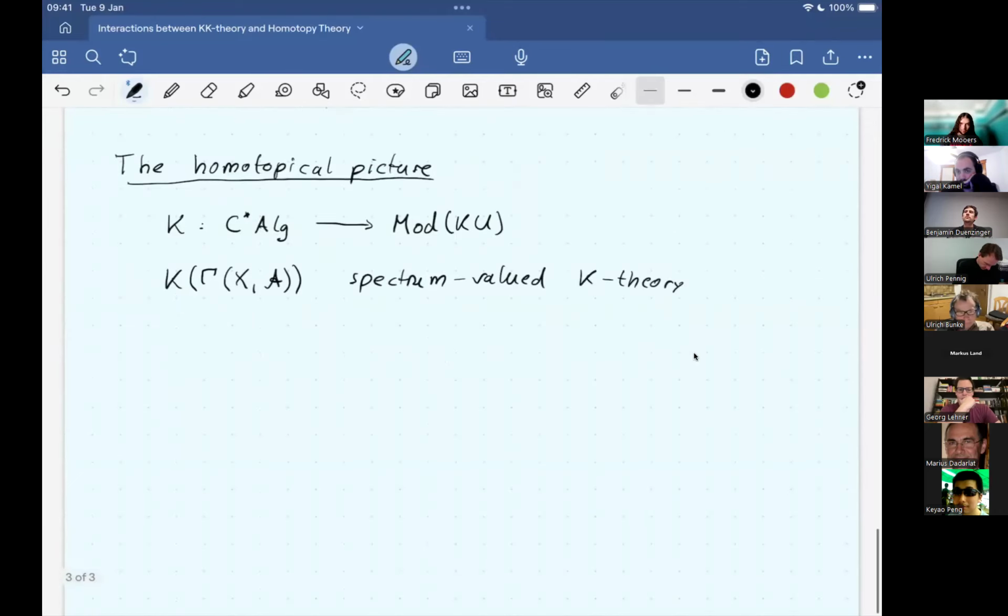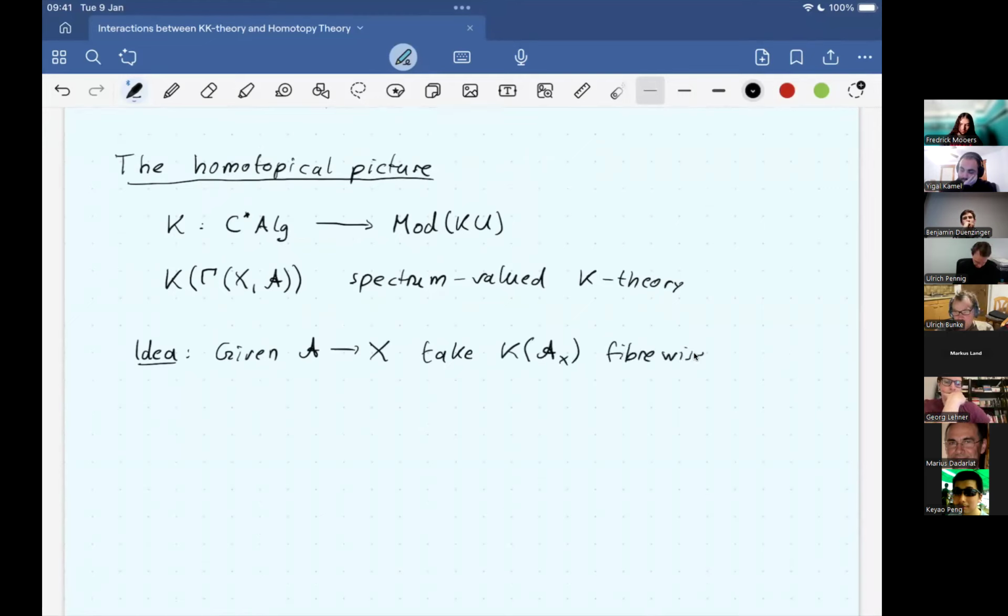But that's kind of the wrong idea, because really what you want to do is, if you have this bundle of C star algebras, you want to take this spectrum valued K theory functor fiberwise, to get, let me put this into quotes, a bundle of spectra, in this case KU module spectra. And then you want to take global sections.